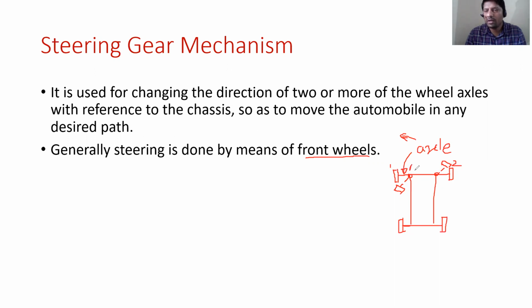Say this point is point A and this point is point B, where there is a pin connection; these axles can turn about points A and B. In order to turn these axles so that you can turn the entire vehicle, there are some steering mechanisms which we will learn today, and we will also see what the fundamental condition of correct steering is.